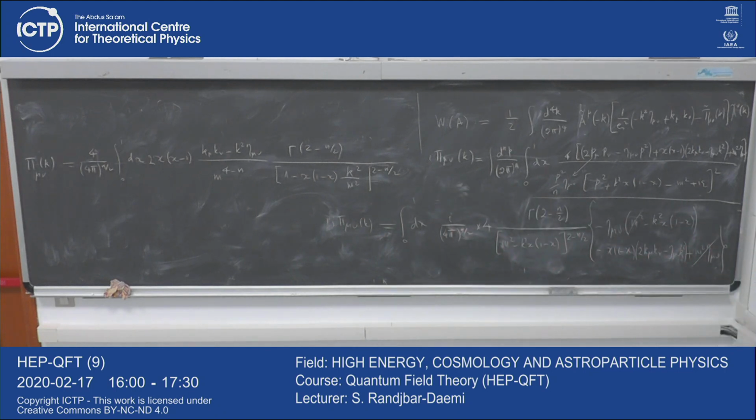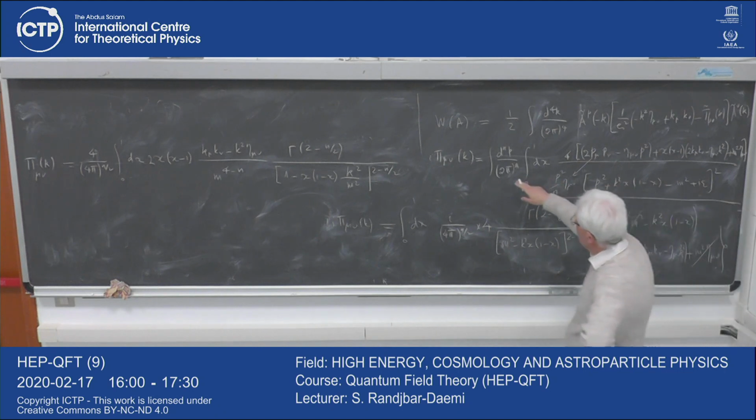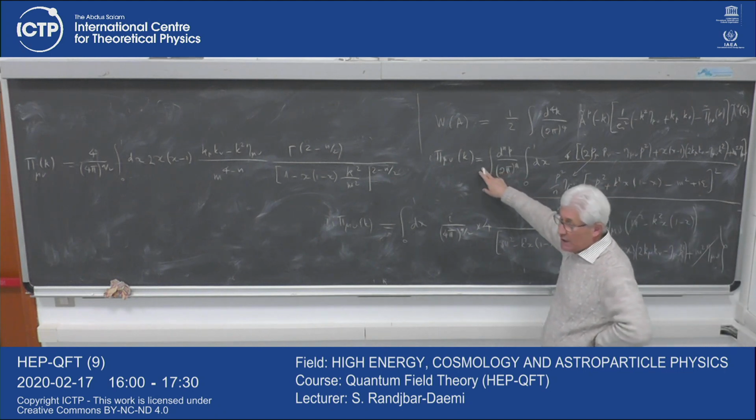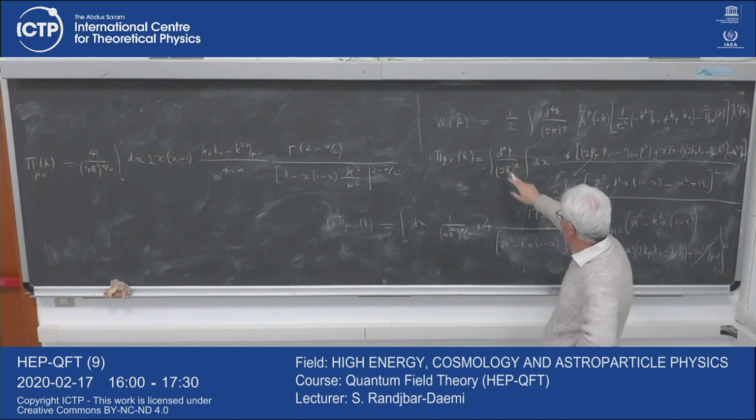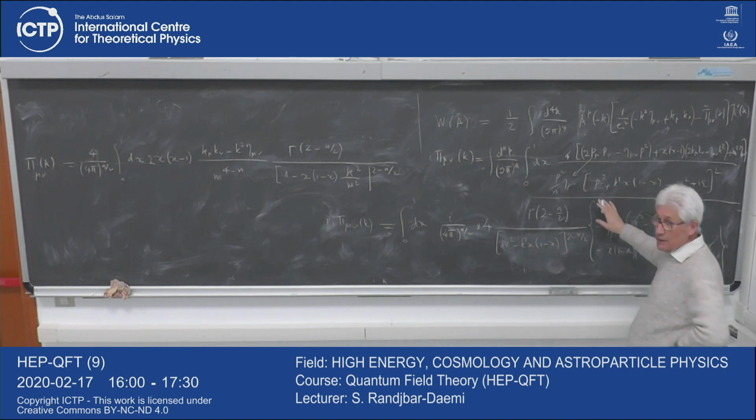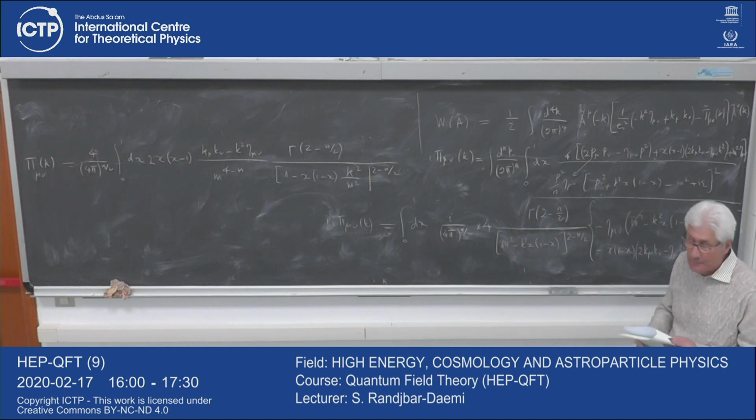One thing which I did not tell you was that in 4 dimensions, pi had the mass dimension of 2. We calculated that there were 6 powers of p in the numerator and 4 powers of p in the denominator. It was a quadratically divergent integral.